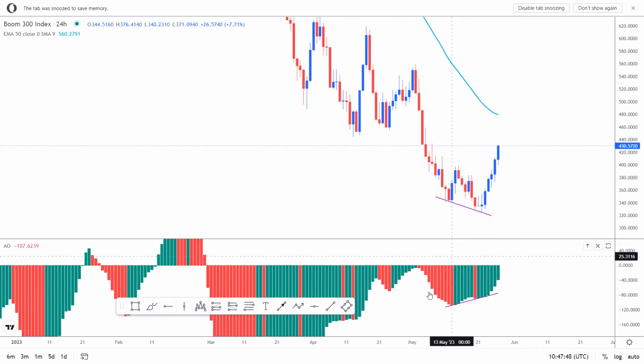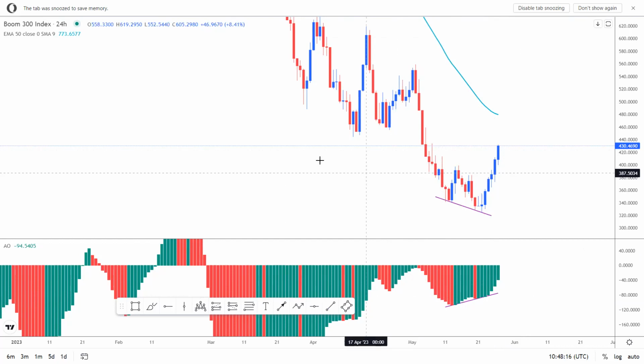This tells me there's likely going to be a trend reversal in the market, just by being able to identify the divergence using the awesome oscillator in comparison to the candlestick movement.